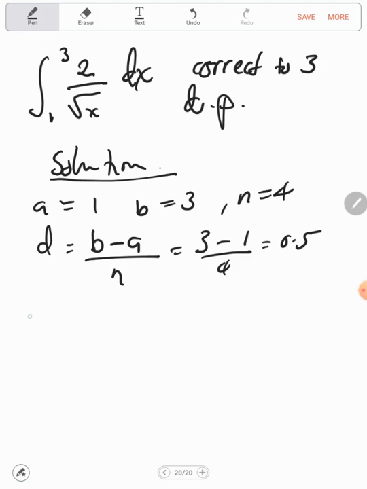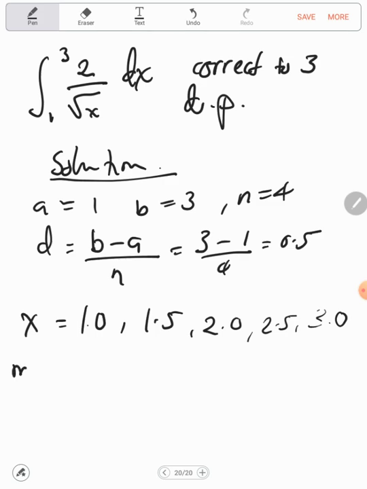Okay, so the x coordinates, we have 1. Remember, it's starting from 1. Then when we add 0.5, we have 1.5. Then we have 2.0, 2.5, 3.0. So now we find the midpoints.